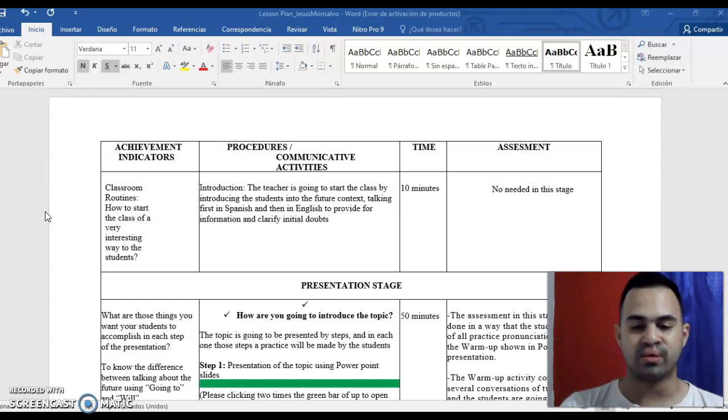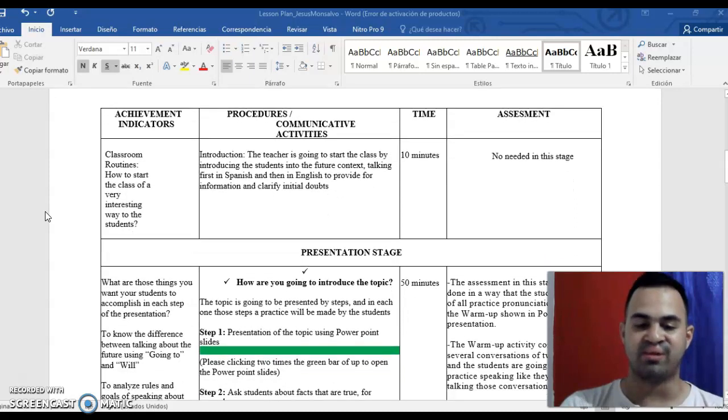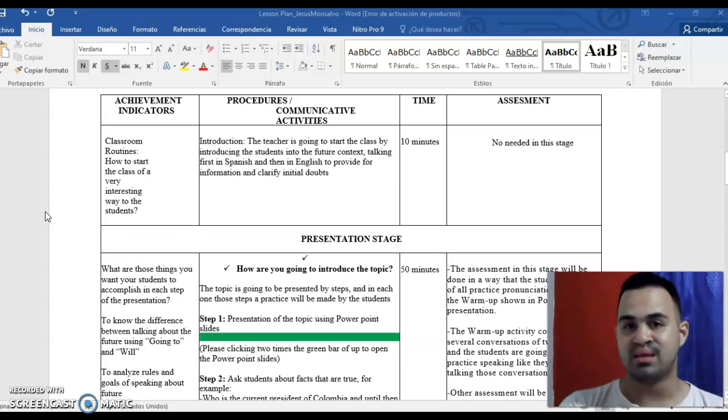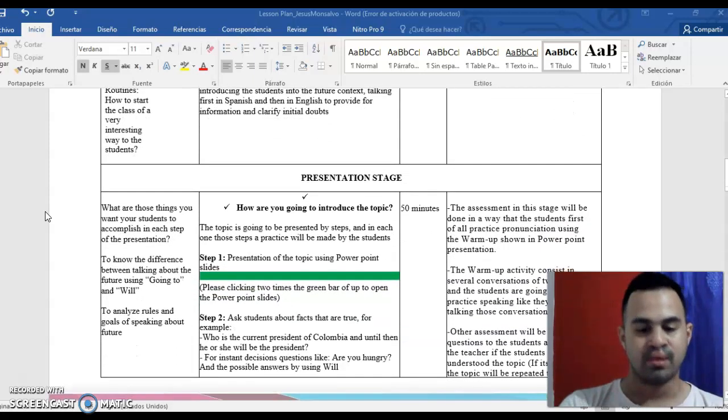The teacher is going to start the class by introducing the students to the future context, talking first in Spanish and then in English to provide information and clarify initial doubts. The time for this step is 10 minutes. The assessment is not needed in this stage.